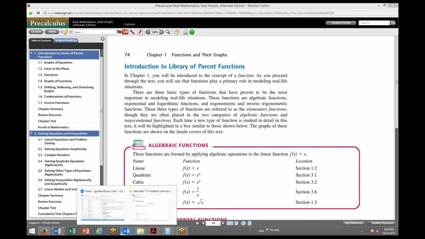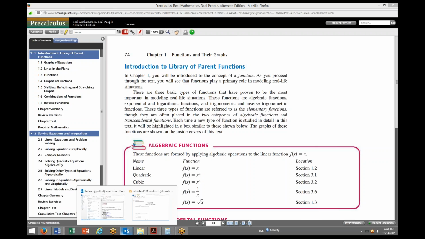Figure out how much f of g of x is, and it should equal x. Exactly. F of g of x should equal x if the two functions are inverse functions of each other. And then do it the other way.